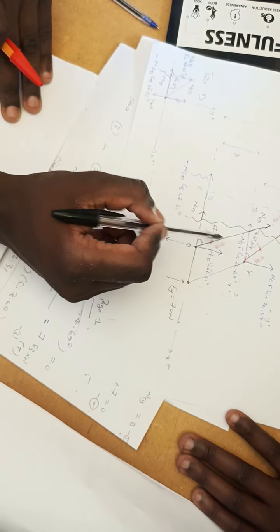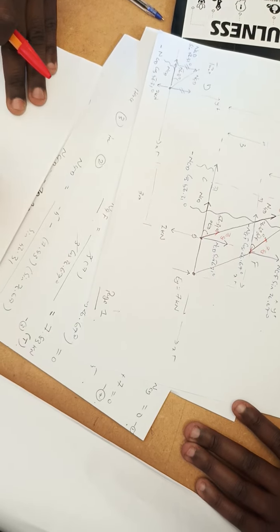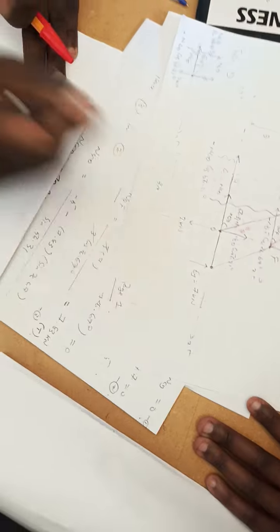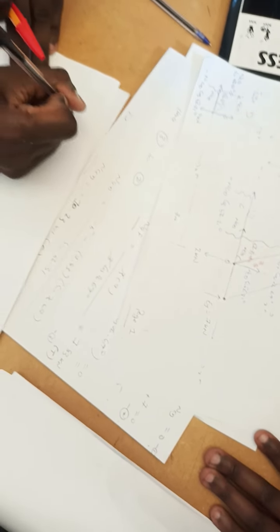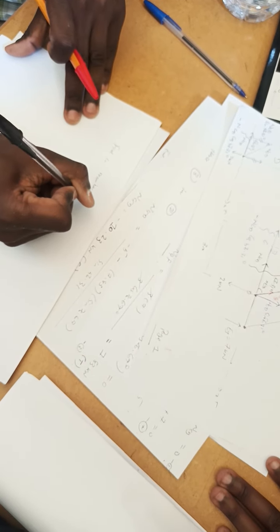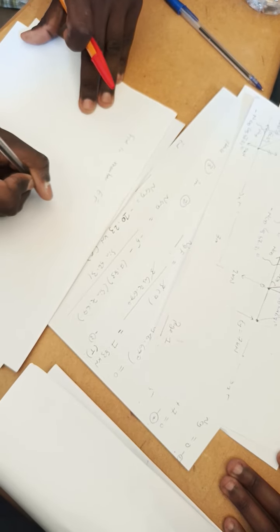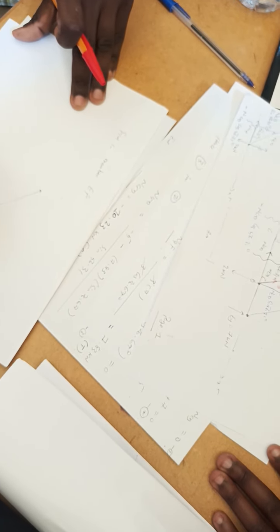So for example, if I've used section method there, what I can do is the following. Imagine they also said to find the force in a member, let's say that's EF. It's the same thing. So I'll do that for my member.